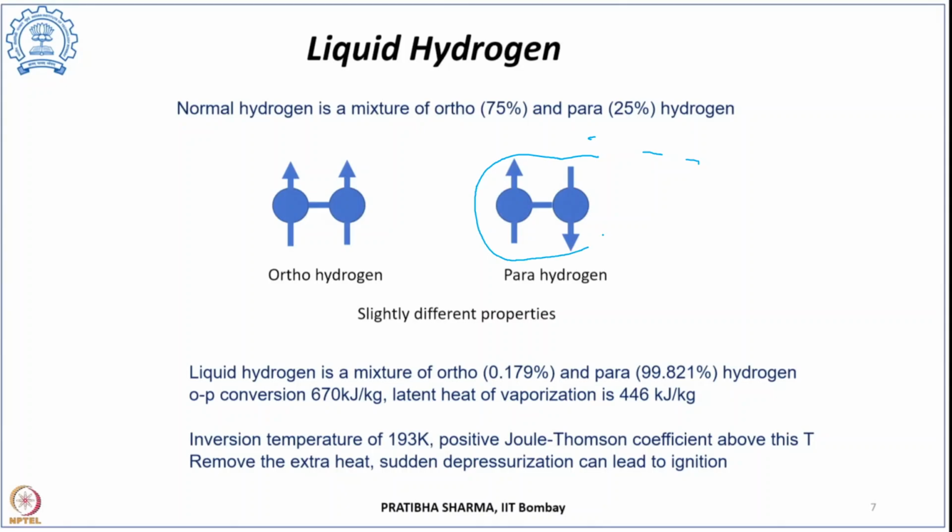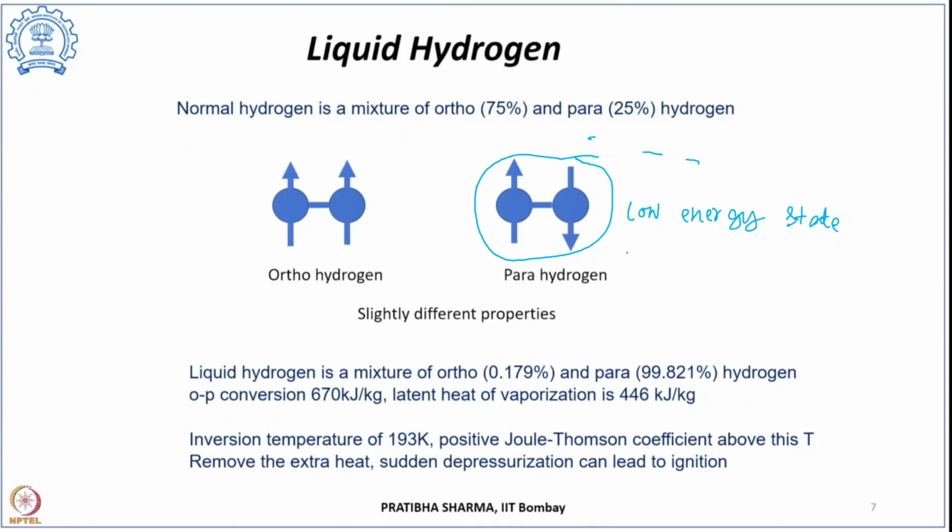The para hydrogen is the more stable condition. Stable means it has a lower energy state, the lowest energy state.